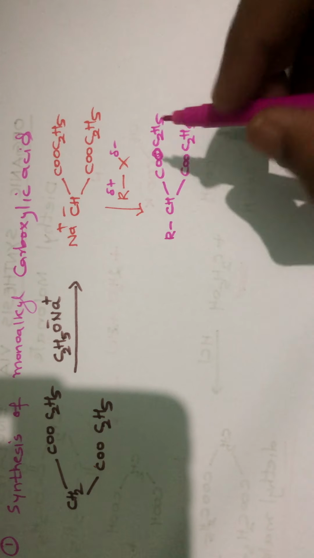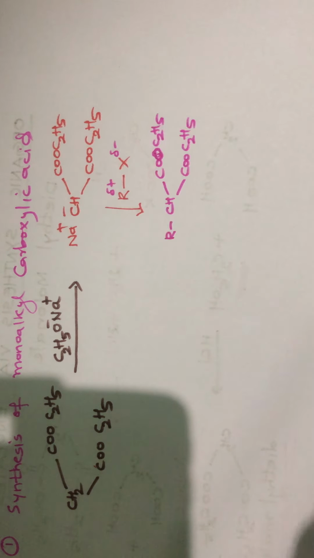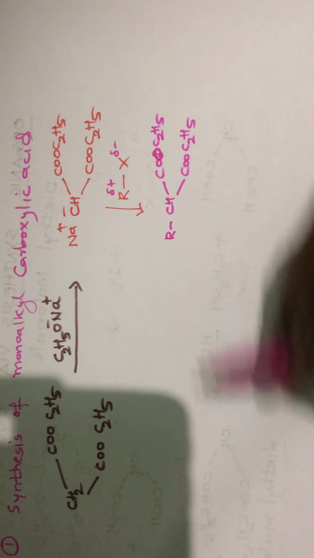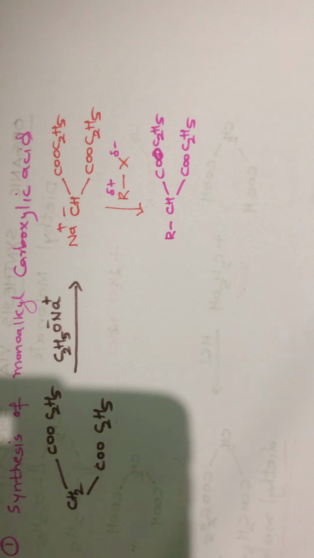Now we want a carboxylic acid, and this is an ester. So this ester on hydrolysis, basic hydrolysis followed by acidification, will give you the acid. Esters are formed by the reaction between an acid and an alcohol, which gives ester plus water.